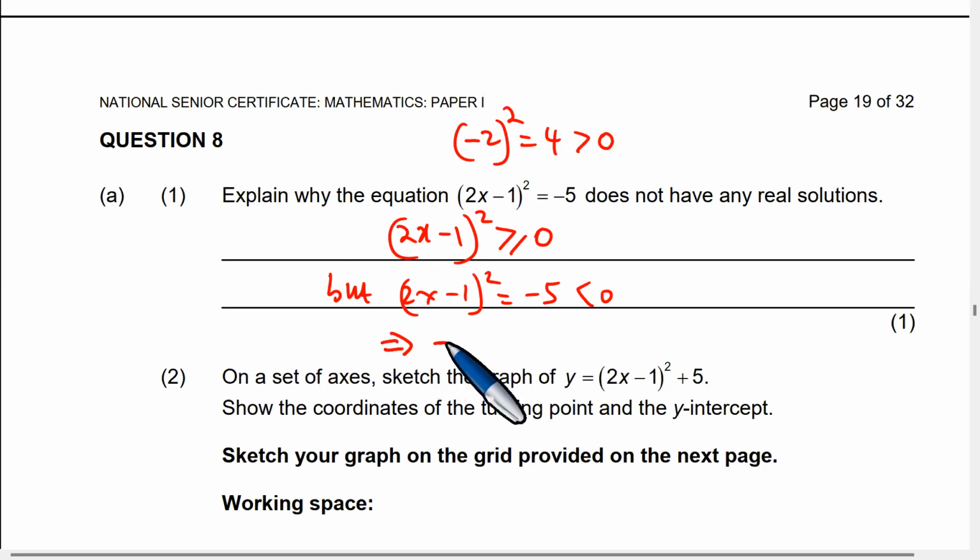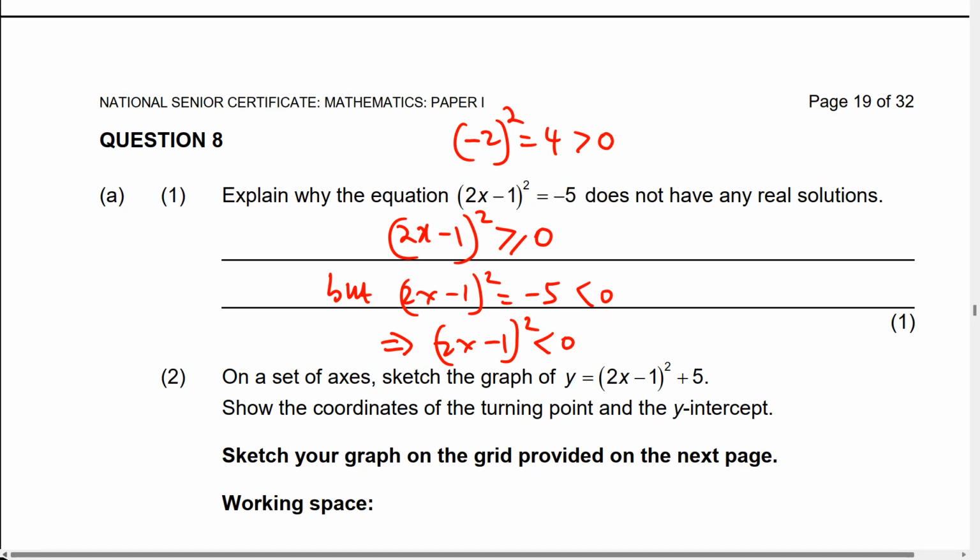This means that the square is less than 0. It is impossible. There's no way you can square any number and get a negative. That explanation is quite sufficient to justify the fact that this particular equation does not have a real solution.